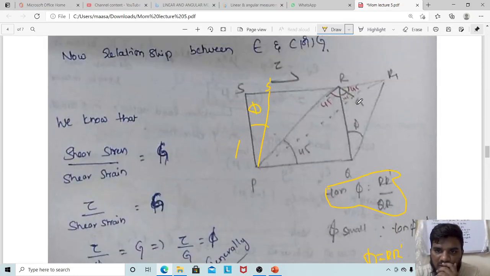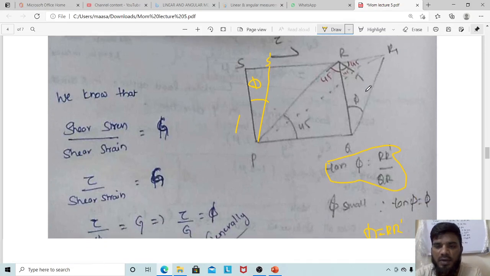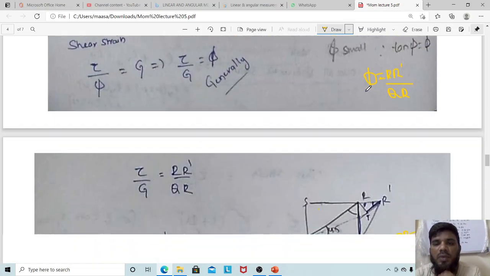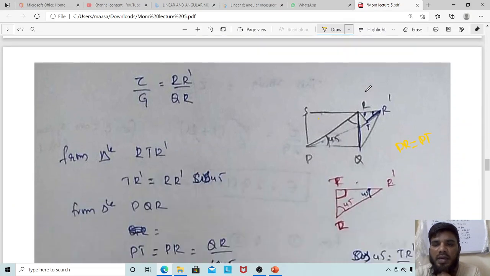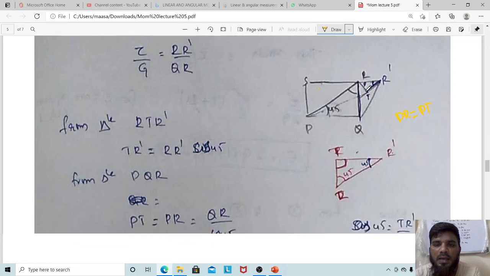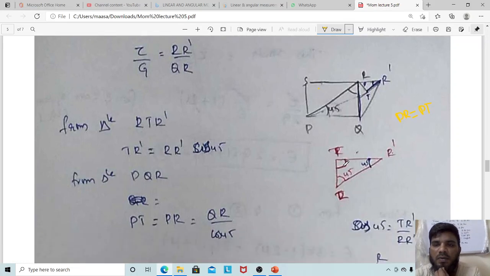Once this is 45, this will always be 45, correct? Since this is perpendicular, again this is 45. Clear? So we have drawn those things and identified those to be 90 degrees. So this is 45 degrees.